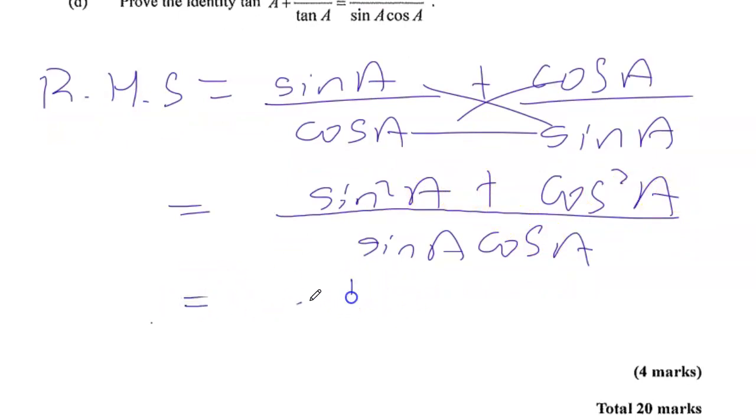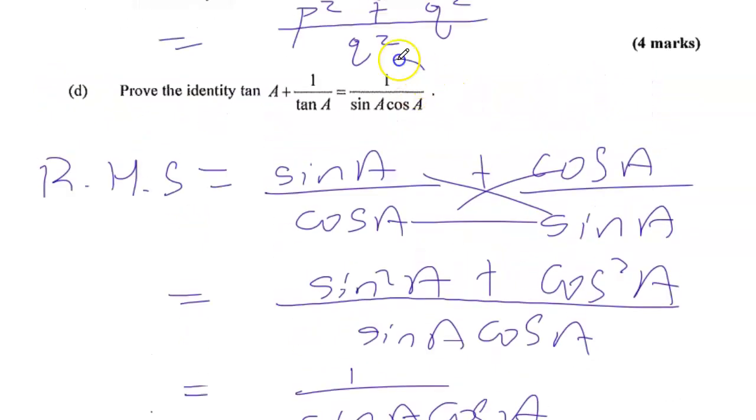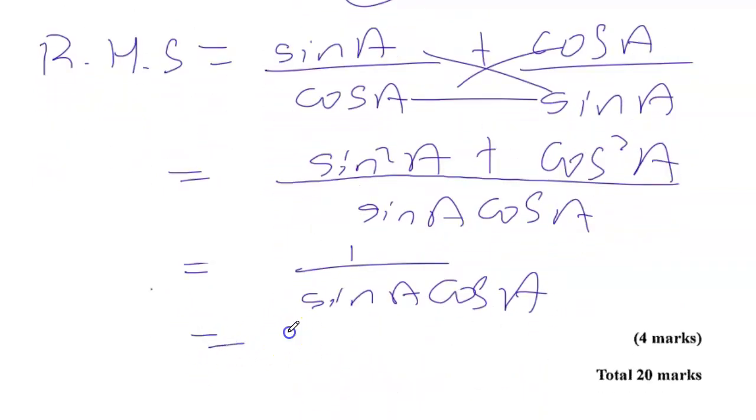So this is 1 over sine A times cos A, and you'll observe this is what the right hand side is, 1 over sine A cos A. So we have shown the left hand side simplifies to give the right hand side. So therefore this proof was easily done.